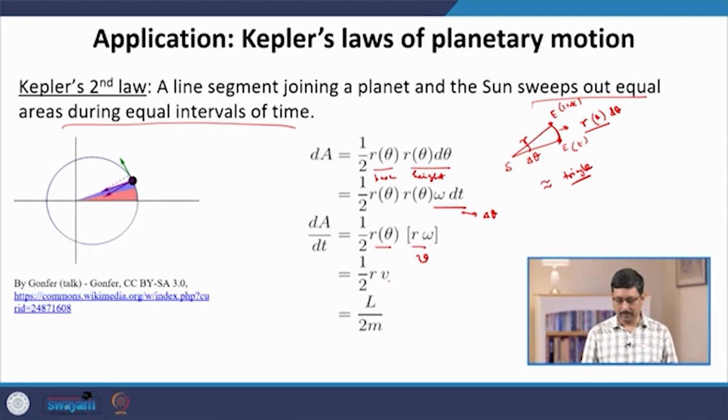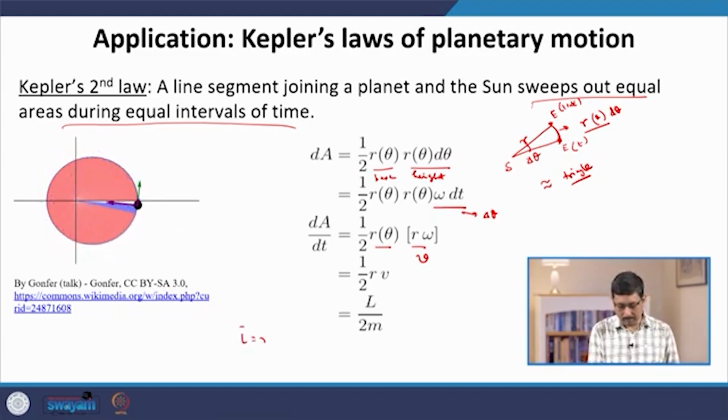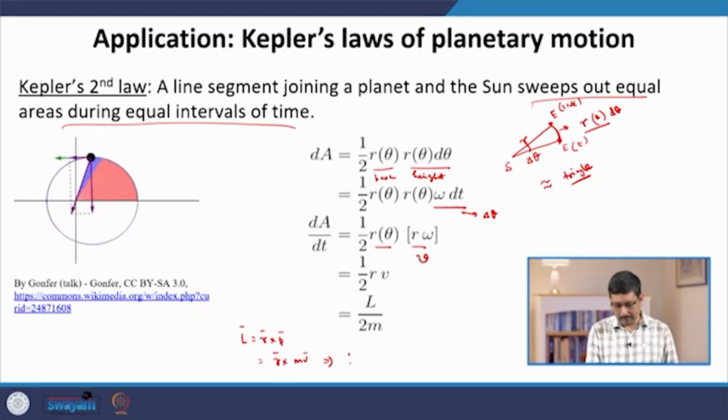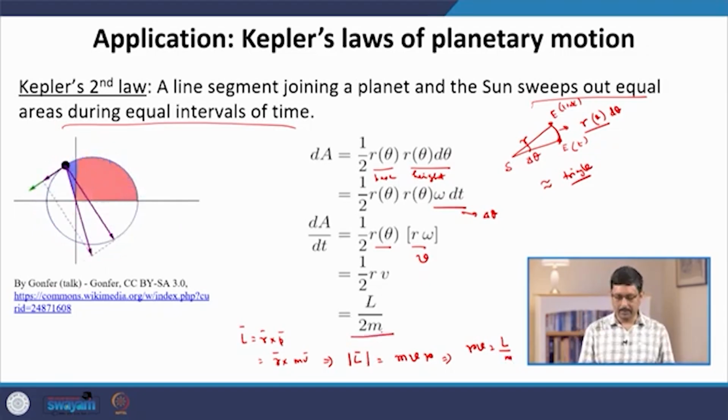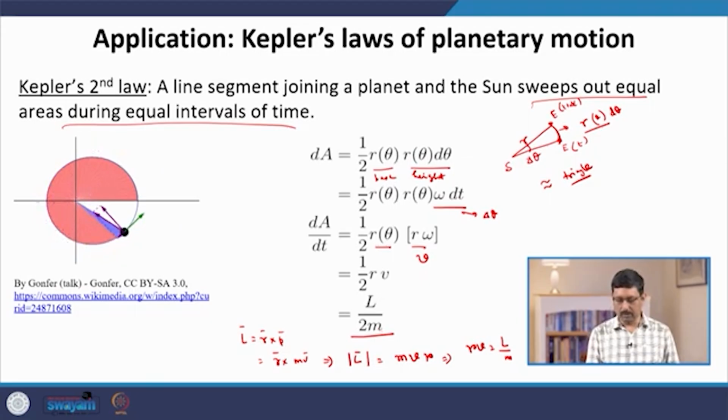So, this is half times r v, and if I apply this definition L equal to r cross p, which is r cross m v, then we see that the magnitude of L is m v r. That means r times v is L by m. So, our dA dt will be, with a factor of half sitting before that, L over 2m.